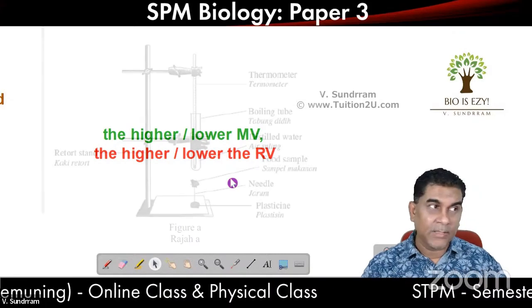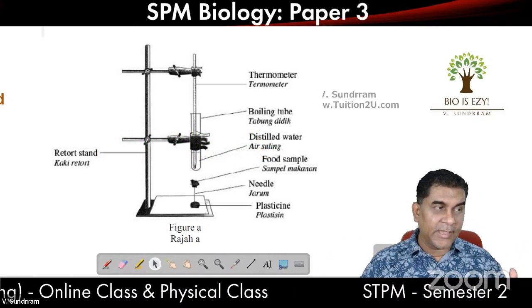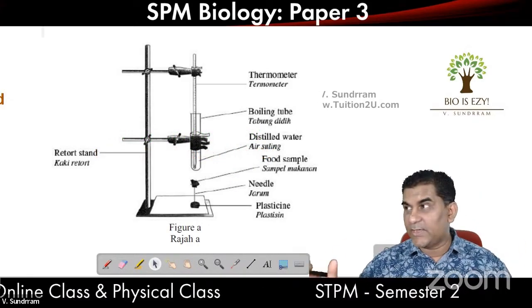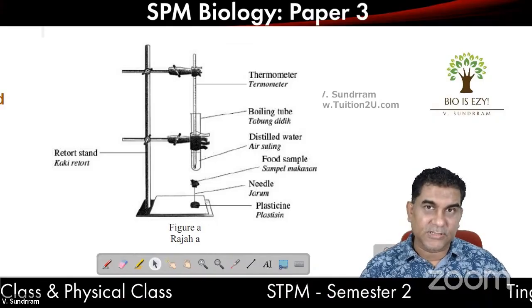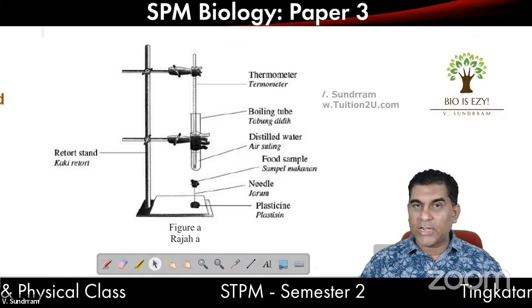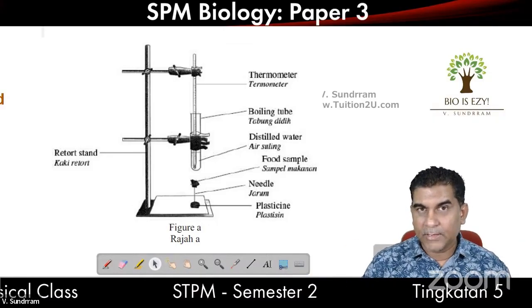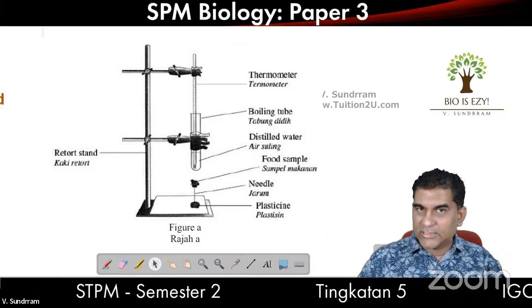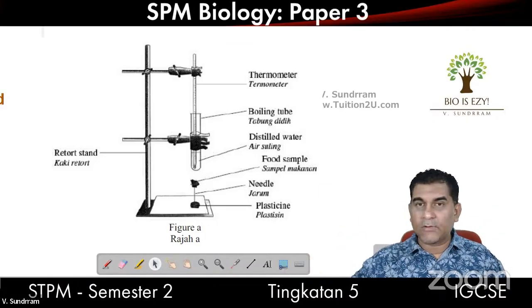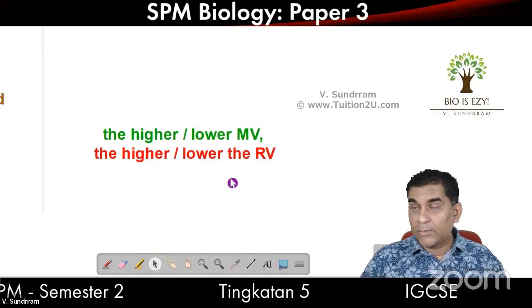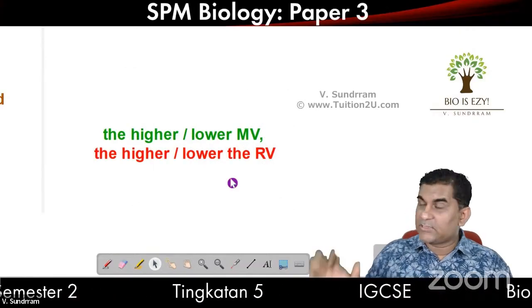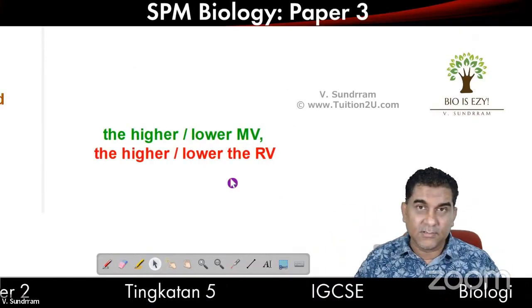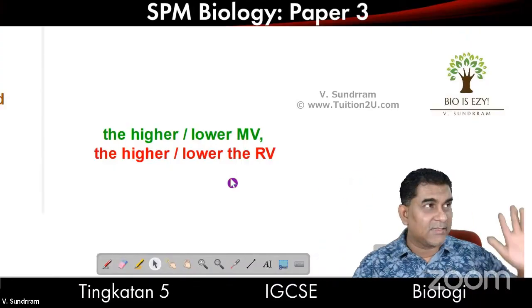For example, there is an experiment on the energy value of a certain type of food substance. Maybe we use cashew nut and groundnut. When you do the experiment, for cashew nut you get a certain number, and for the groundnut you get a certain number. But you can't write the hypothesis using this technique: the higher the nut, the higher the energy value.